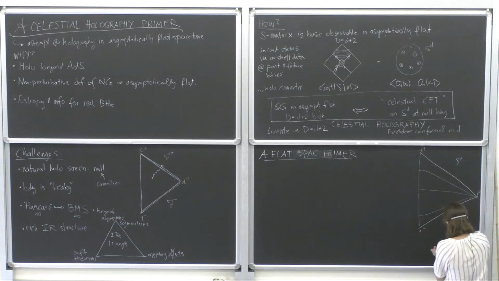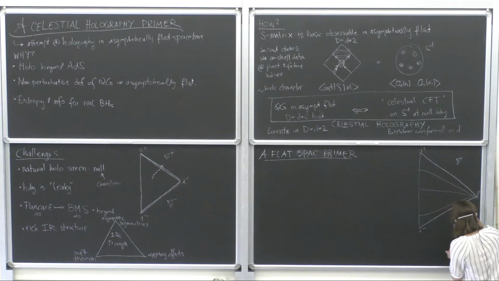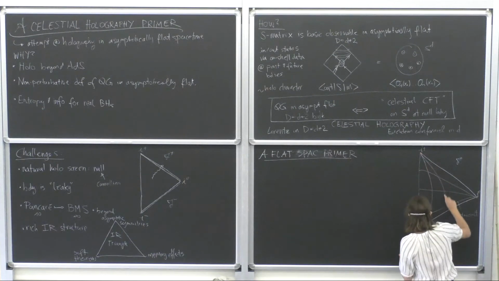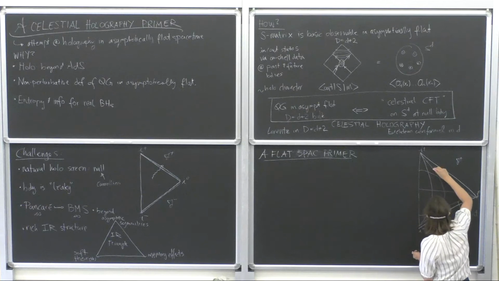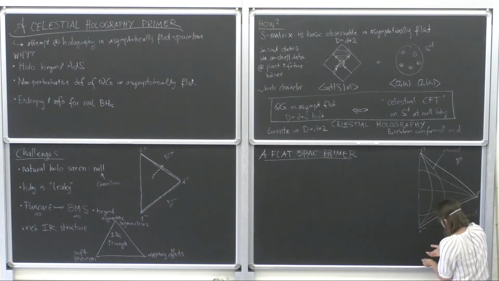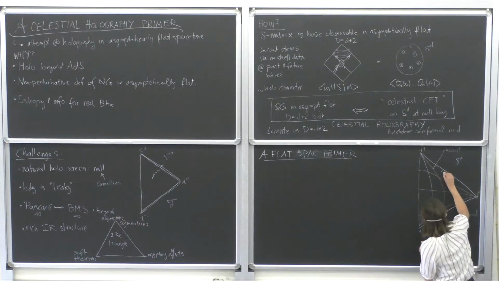Here we have i zero, i minus, i plus, scri minus, scri plus. These are constant time slices, and then here we have constant r slices. Out here we have r equals infinity.